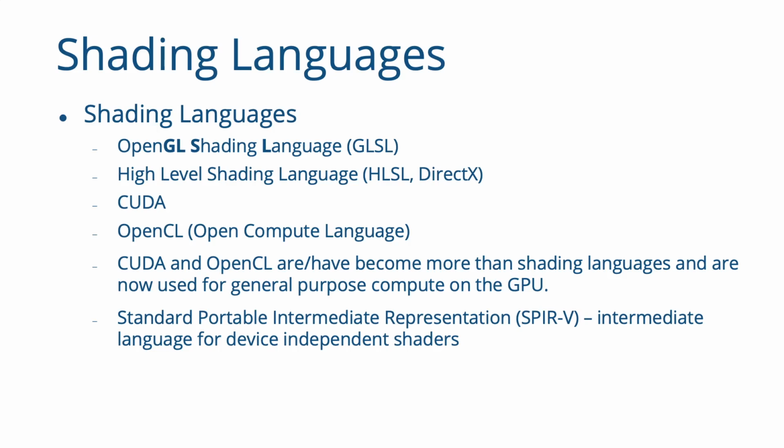And then depending upon whether you are targeting your shader to DirectX or to OpenGL, you can then take that intermediate language code and target it to output GLSL or HLSL and so on. So it just makes writing device independent shaders easier. So we will not look at OpenCL and CUDA and HLSL and SPIR-V in this course. We will only look at GLSL, but it will give you a fair idea of what you can do on the GPU.